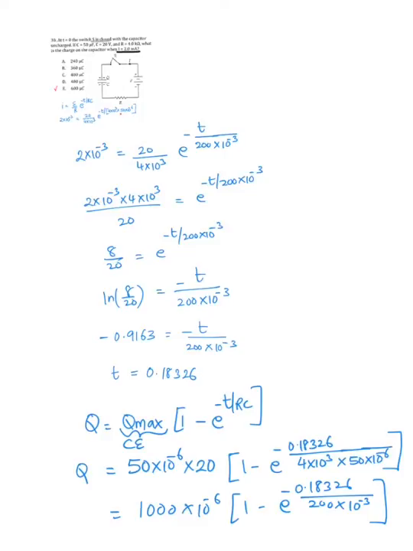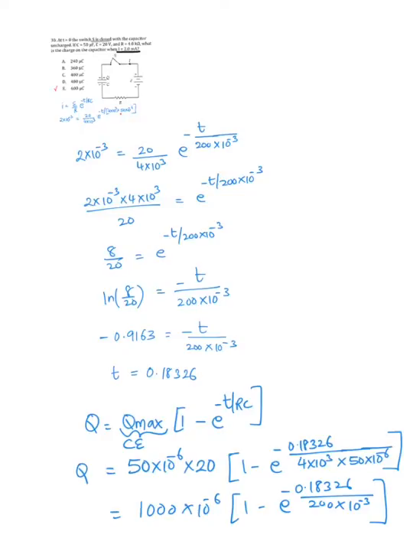First let me calculate the power: negative 0.18326 divided by 200 into 10 to the power of negative 3, and that's the value of the power.